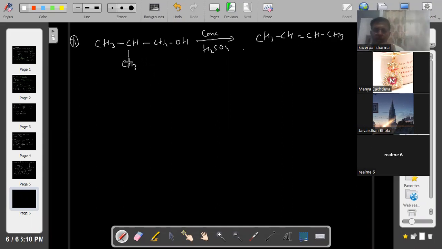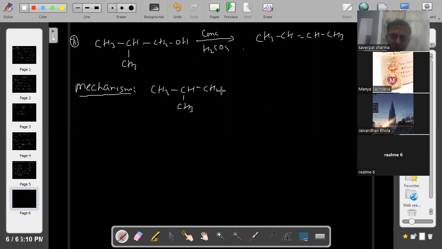Here is the branch. The main thing I would like to explain right now is the mechanism. With the help of the mechanism, you will come to know the right process, how this reaction happens. CH3CH(CH3)CH2OH.